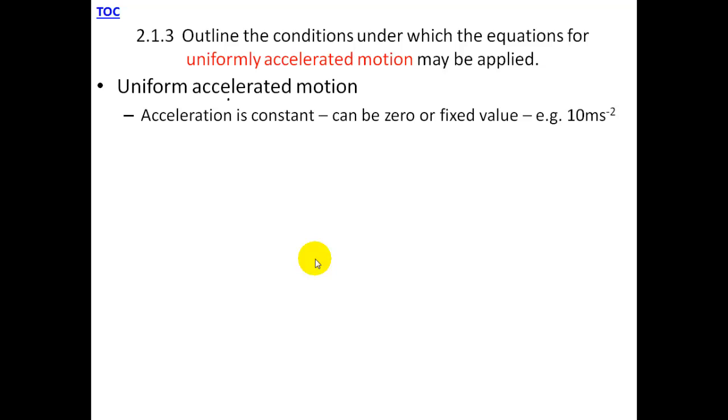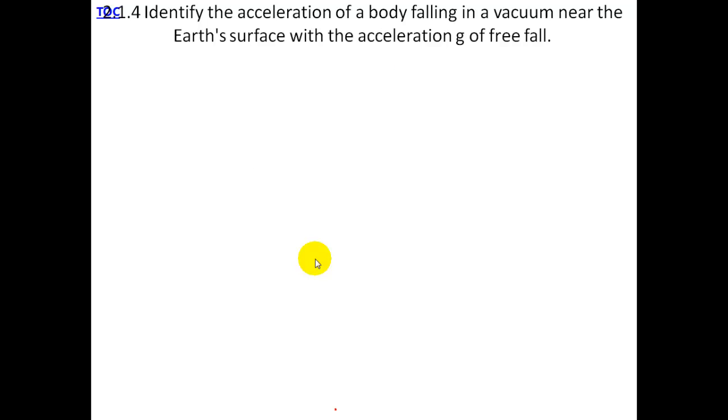It can be 0, or it can have a fixed value, like 10 meters per second squared. If the acceleration is constant, then the force causing the acceleration must also be constant, which means also that the mass of the object must be constant.